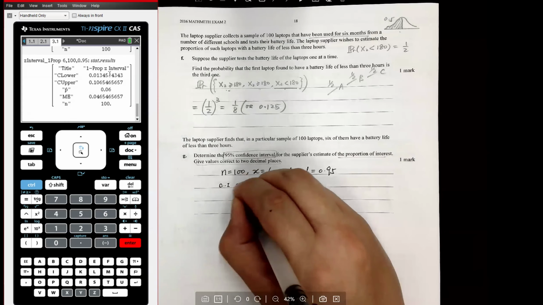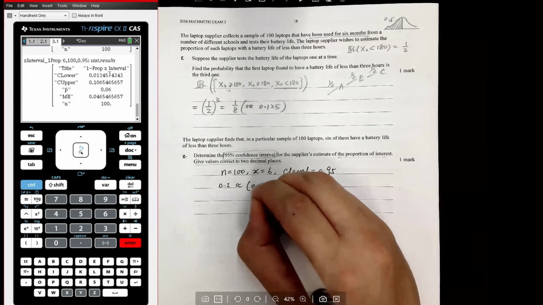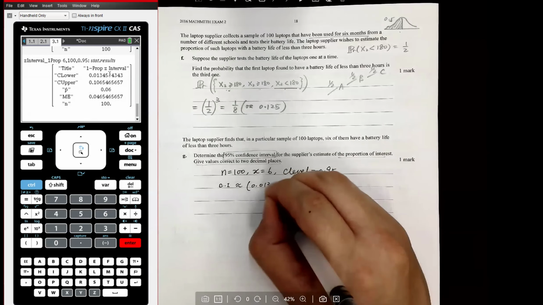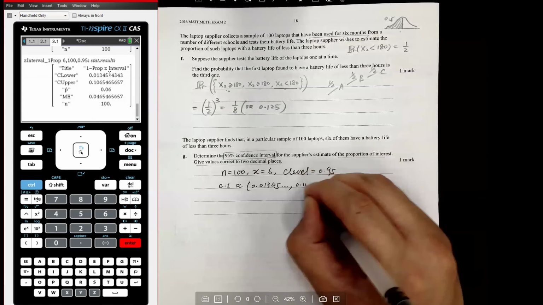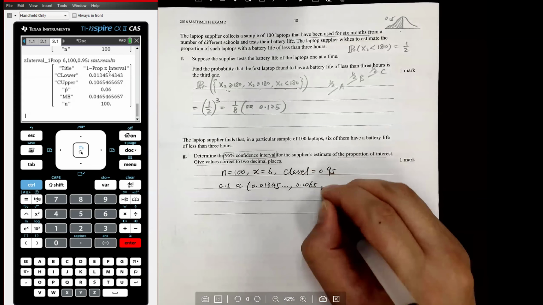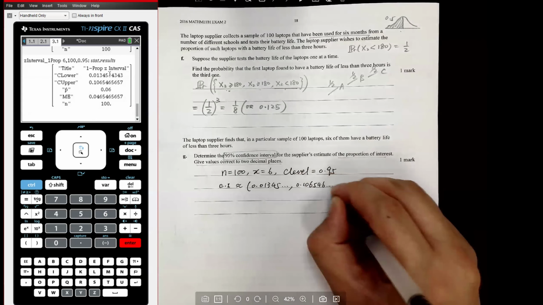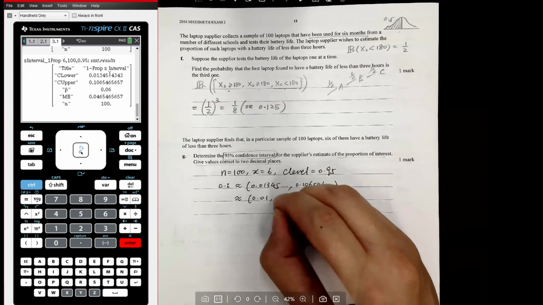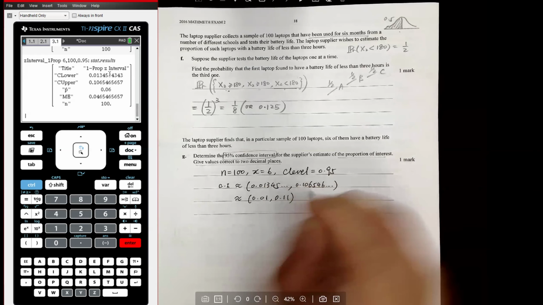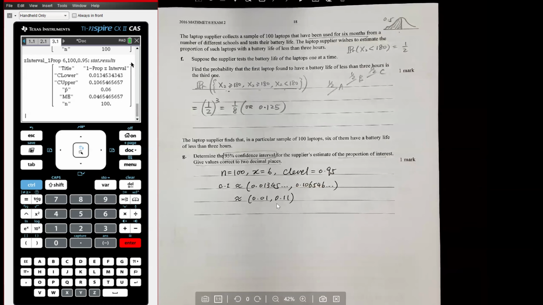CI is approximately 0.01345... and 0.1065..., so rounded to 2 decimal places, 0.01 and 0.11. It's a round bracket according to the VCAA formula sheet.